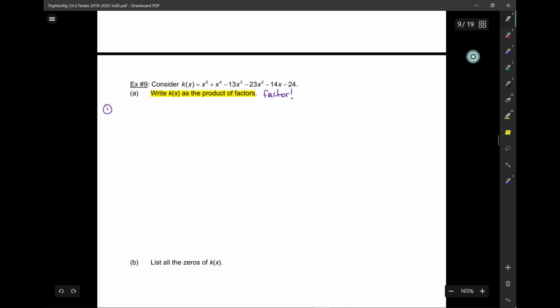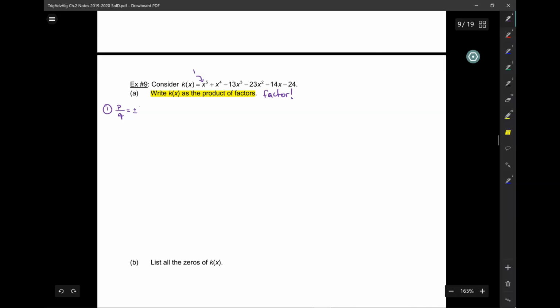Now, this coefficient here is a 1. To get my Q's, when that's a 1, what do I know about P over Q? It's just the same as the P's. So P over Q is going to be the factors of what number? 24.